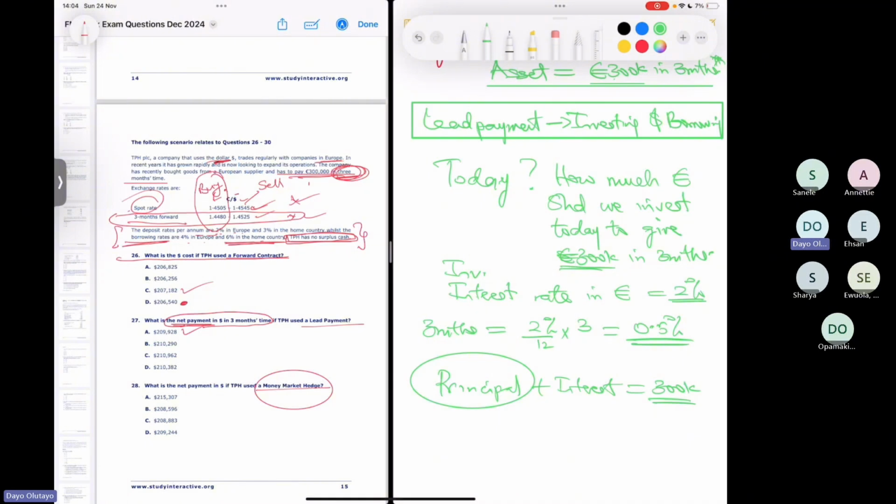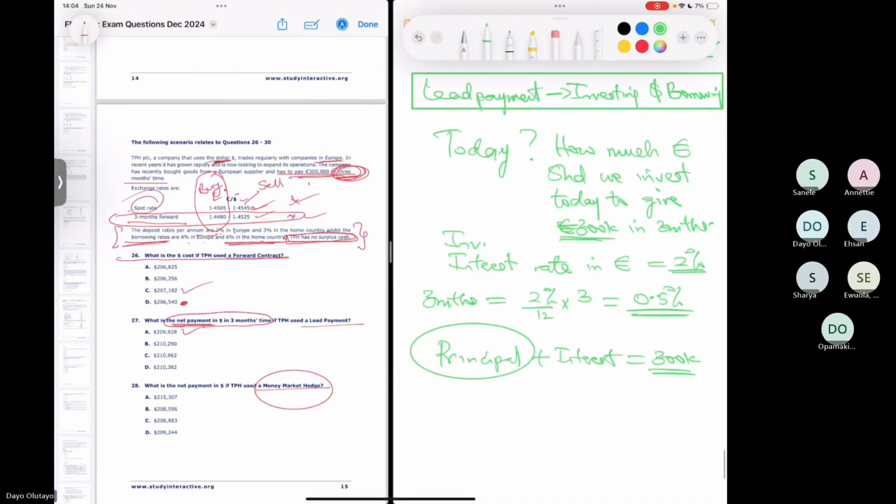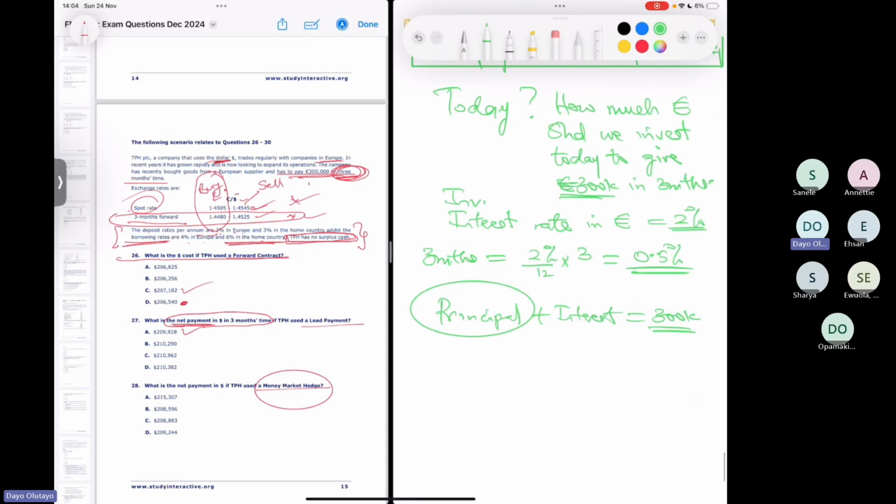So how do we get this principal? The simple formula you can use, I can derive it for you now, but let me just show you. It's always the principal that you need today is equal to the future value divided by 1 plus R.